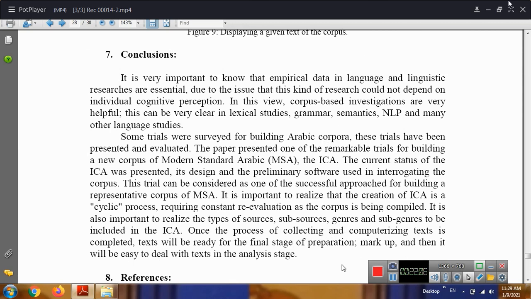I emphasize this article because it is very important and gives you some information about the Arabic corpus, and for your final exam this article will be very important, and I can pose some questions from this article. Ask me your questions about this session.